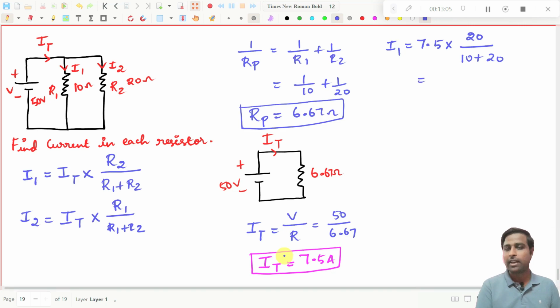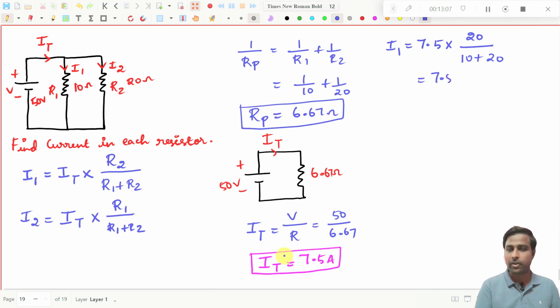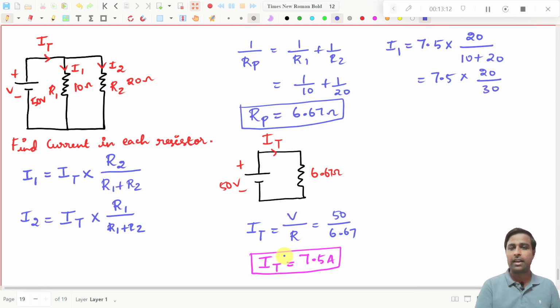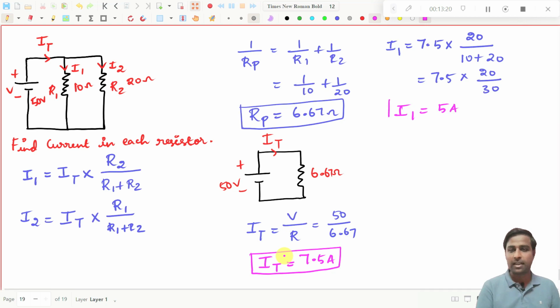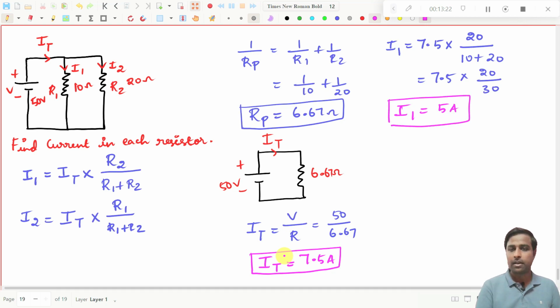That is 7.5 into 20 divided by 30. If you simplify this, I am getting I1 as 5 amperes.